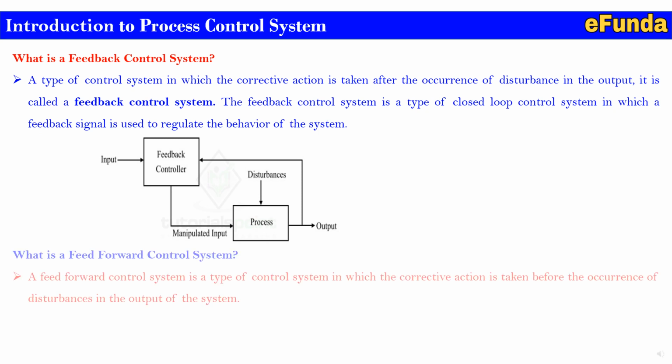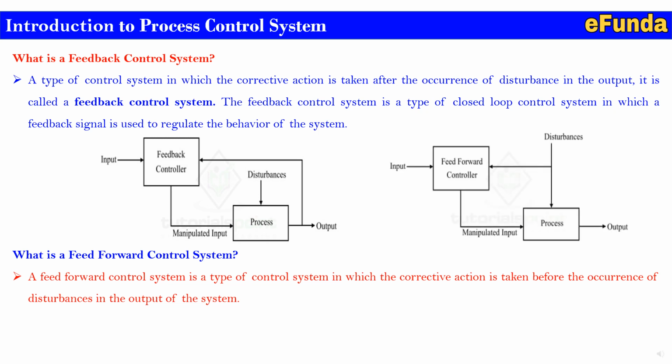Now secondly, what is a feed forward control system? A feed forward control system is a type of control system in which the corrective action is taken before the occurrence of the disturbances in the output of the system.